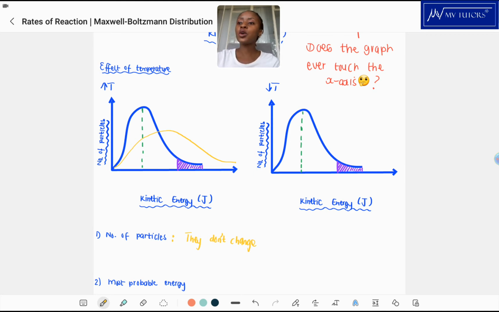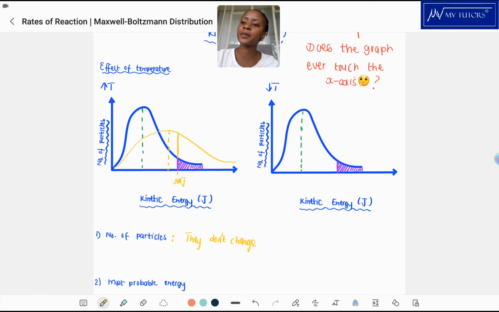Your most probable energy will then shift to the right. Yes, I almost said left. It will shift to the right. And your activation energy is still the same: if this value for activation energy was 300 joules, it'll still be 300 joules.